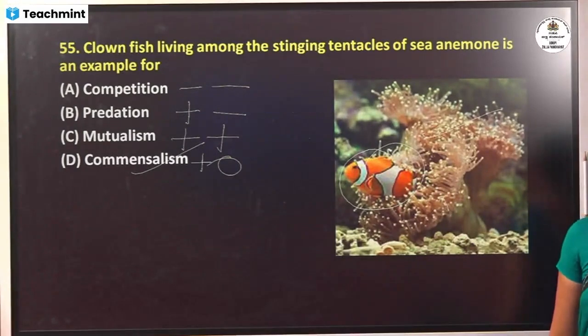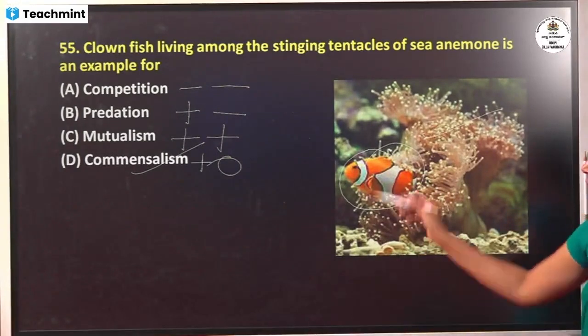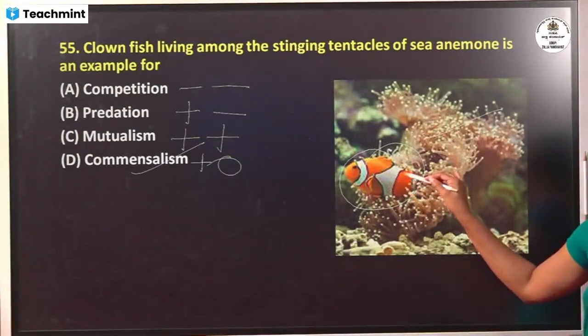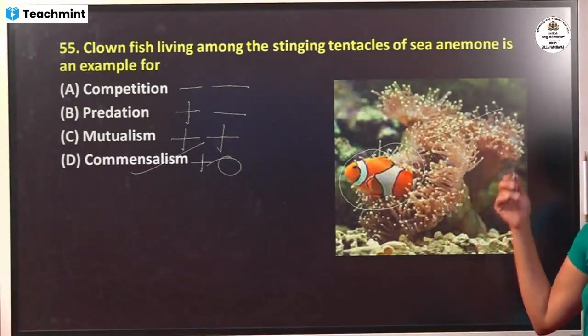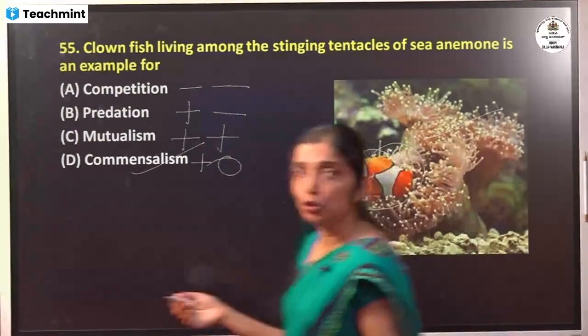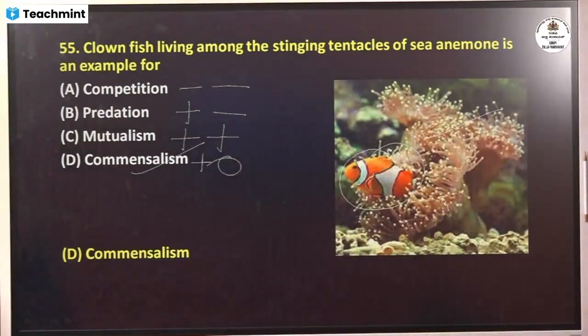So one is going to get a place to hide, whereas the other one, whether it is there or not, it is of no use. So the right option, the type of interaction that you see over here, is D, commensalism.